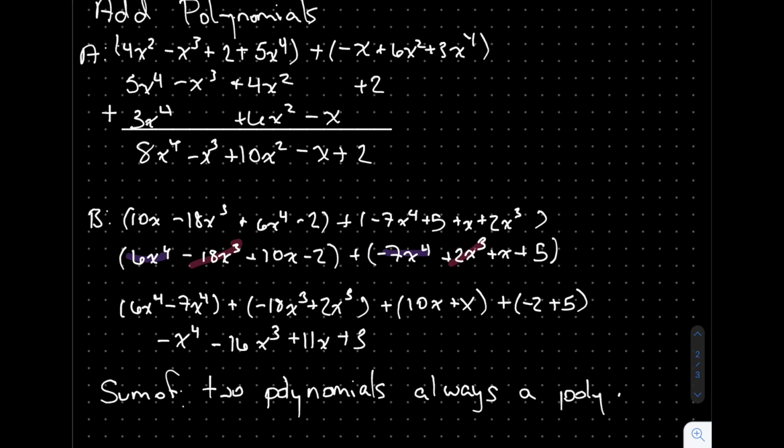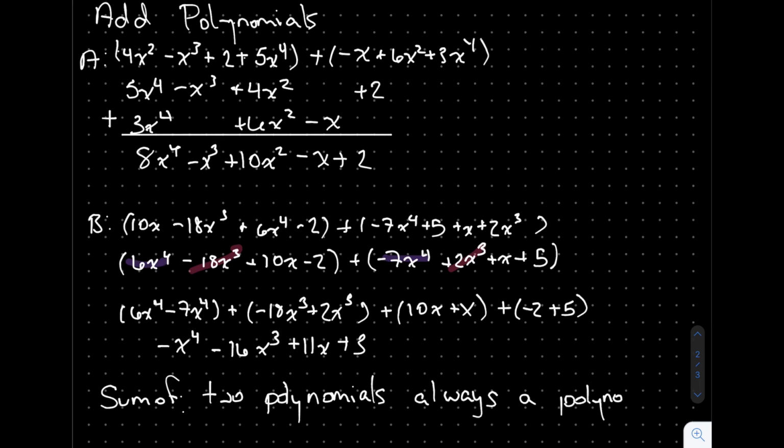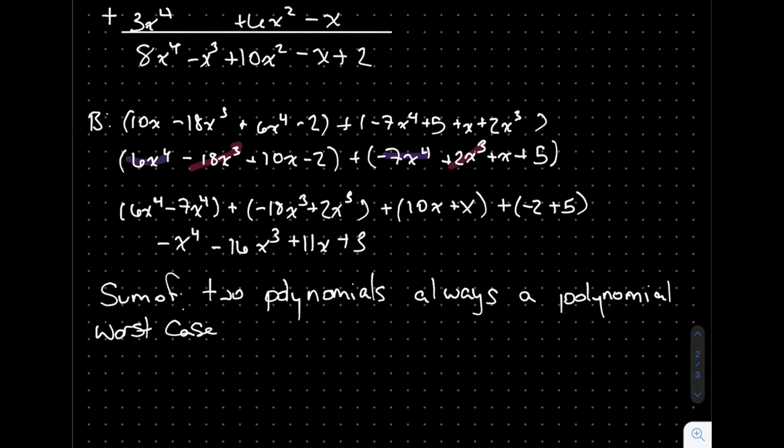But the worst case, the absolute worst case, is that when you add two polynomials together, you end up with 0, which is still a polynomial. It's got a degree of 0, and it's got a leading coefficient of 0. Still a polynomial, just not a very useful one.